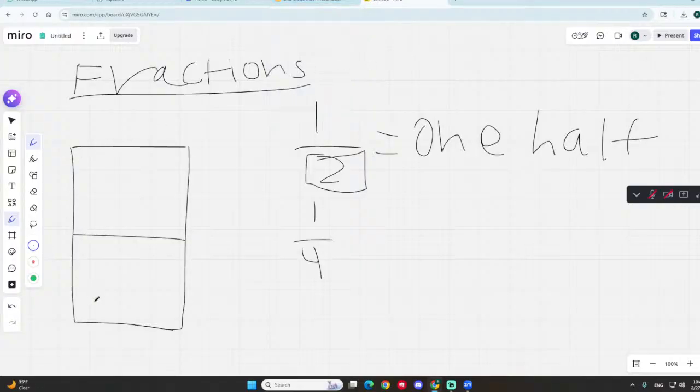If we divide this paper into halves by folding it across the middle, what fraction will we get?